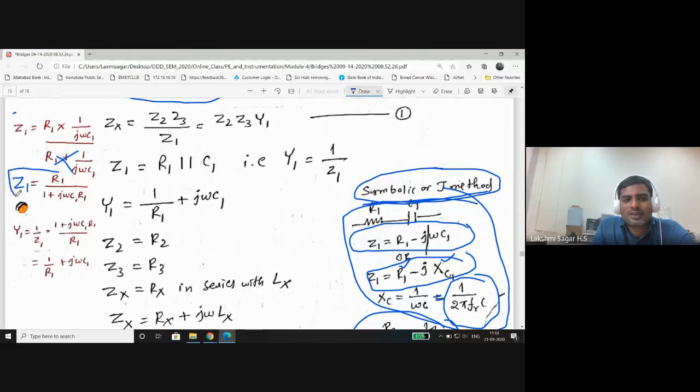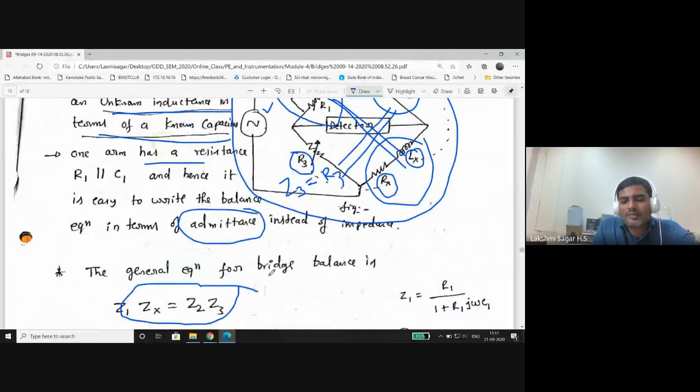But if the capacitor is connected in parallel with the resistance, you have to represent it in terms of admittance instead of impedance. So Y1 is equal to 1 by Z1. If you substitute the same Z1 expression here, you will get the final expression for Y1, which is equal to 1 by R1 plus j omega C1.